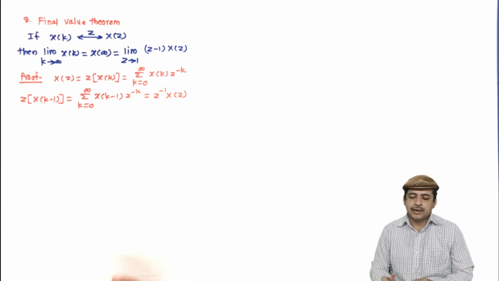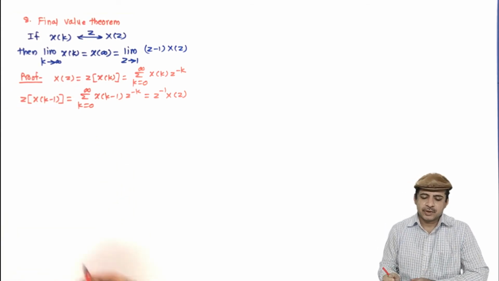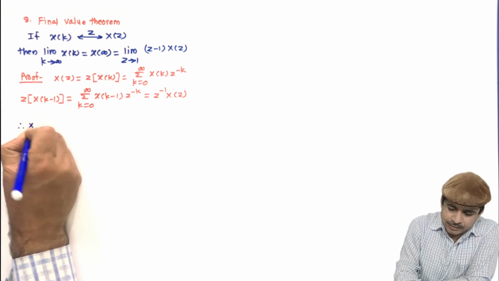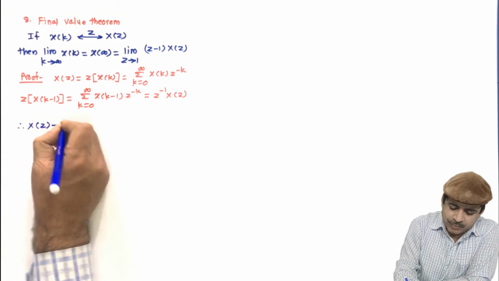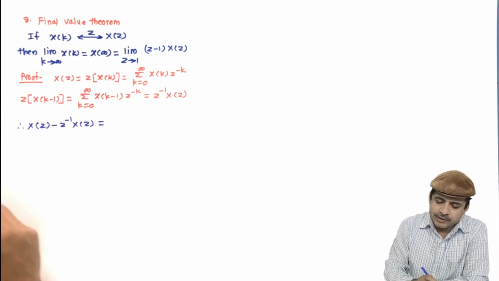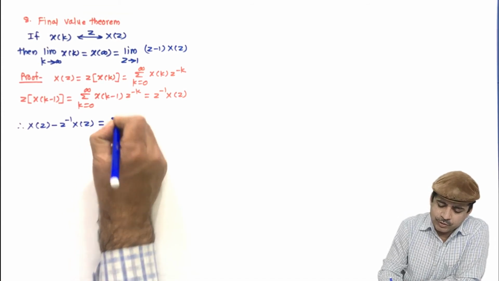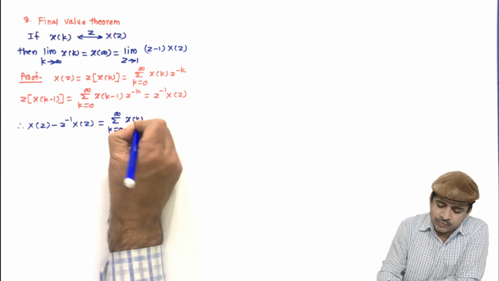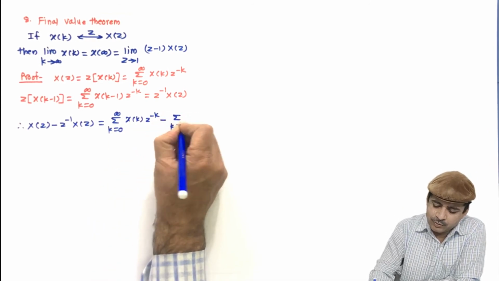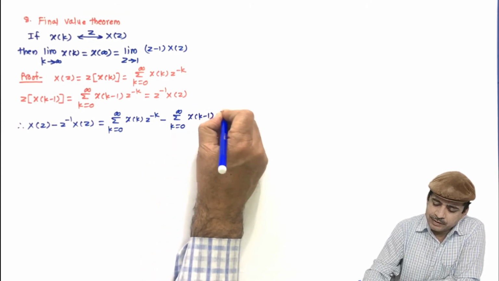So now what I will do is subtraction of these two. I will subtract this from this, and hence what I get is x of z minus z raised to minus 1 x of z, and that is equal to summation k equal to 0 to infinity x of k z raised to minus k minus summation k equal to 0 to infinity x of k minus 1 z raised to minus k.